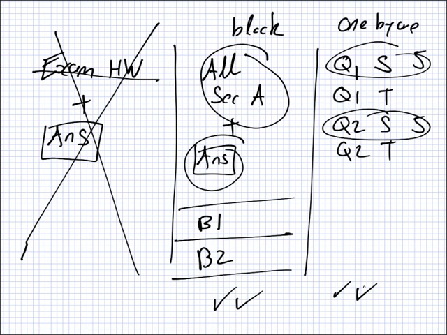Which one? Do we need a coin, maybe? You can't decide? Alright, we'll flip a coin then. Heads for block, tails for one by one.